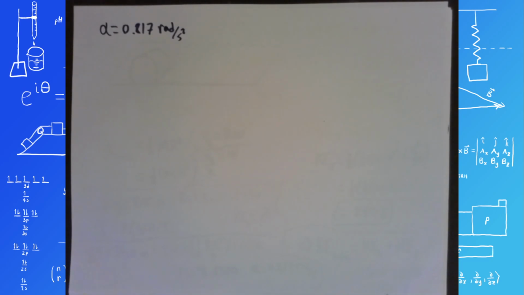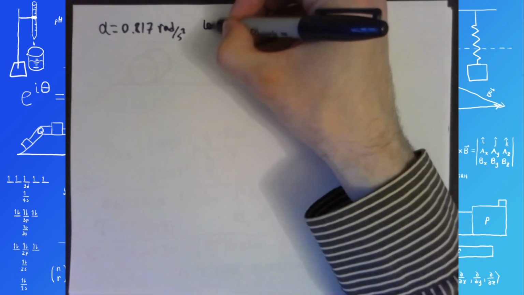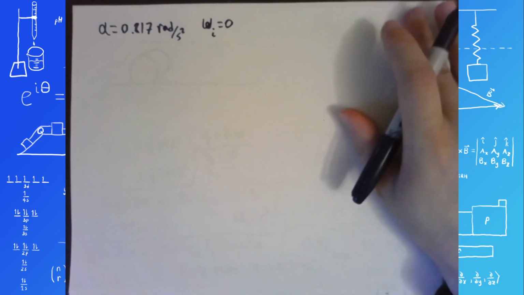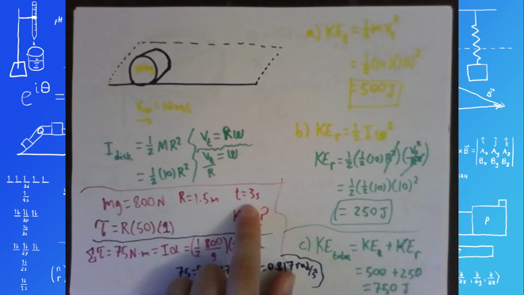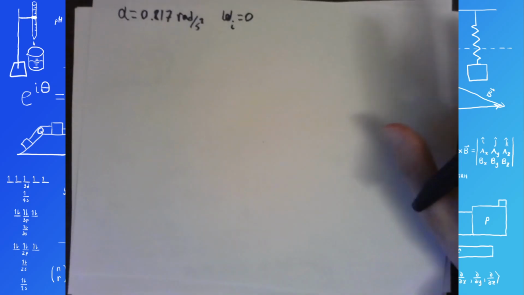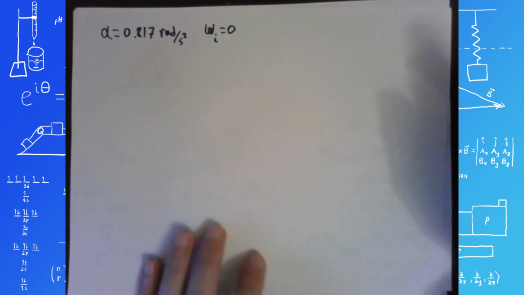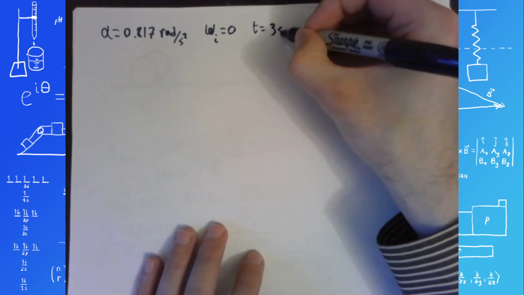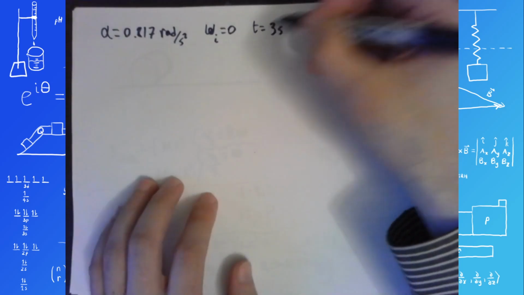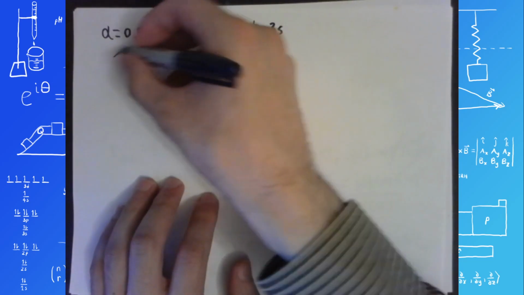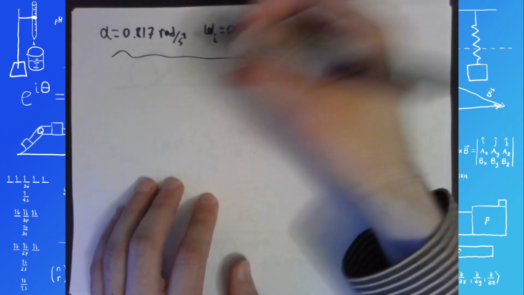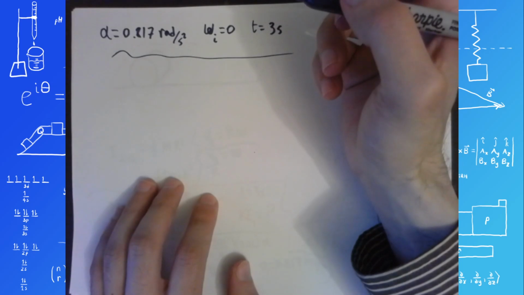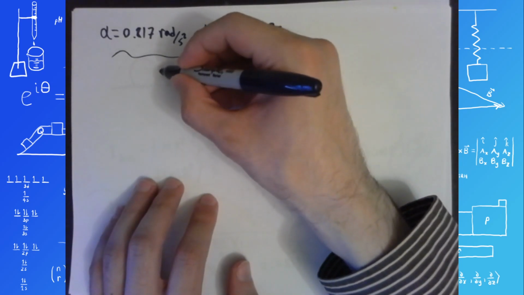Yeah, it started from rest, so we know that omega initial is 0, and they gave us t equals 3 seconds. We need to get omega final, so given these three, we can calculate using the first equation of kinematics again.